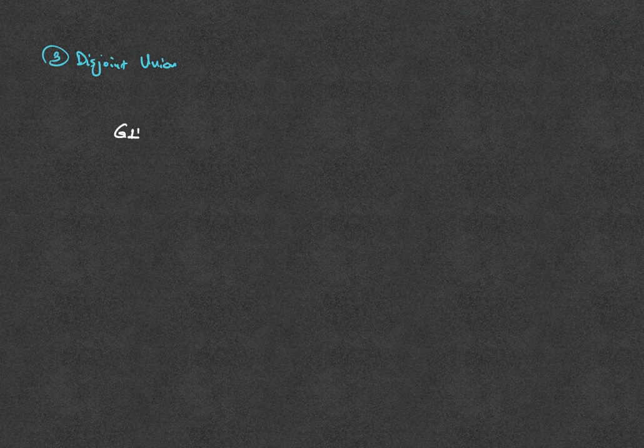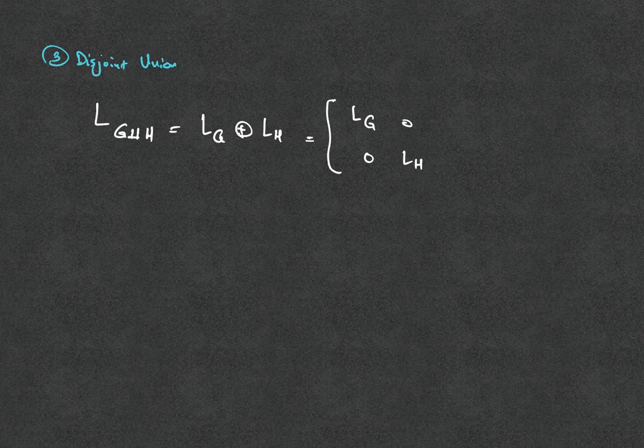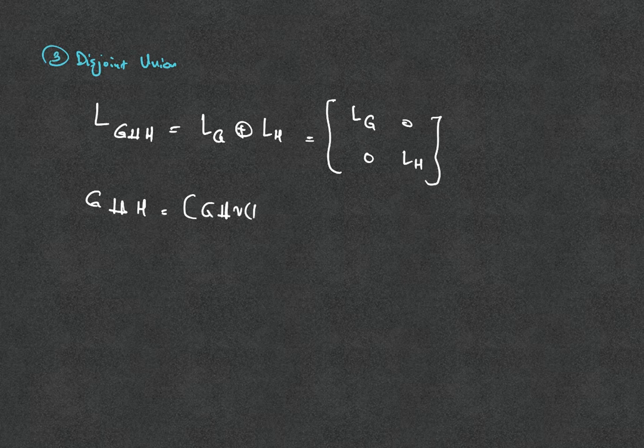Now let's talk about disjoint union. If you have the disjoint union of G and H graphs, the Laplacian of these two is going to be defined like this. It's going to be the direct sum of L_G and L_H. Now let's see why this is the case. One thing to note is that the disjoint union of G and H is going to be this.